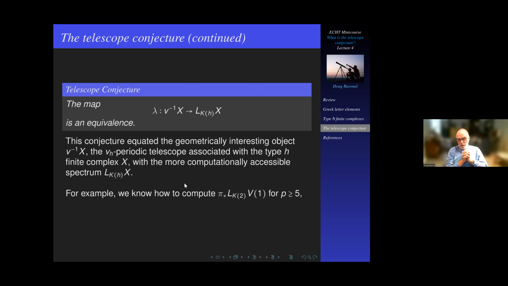Toda's complex V of 1 is sort of the simplest example of a type 2 finite complex for a prime that's at least 5. And we know how to calculate the homotopy groups of LK2 of V1. And we know that it consists of exactly 12 V2 periodic families. We can say exactly what they are.